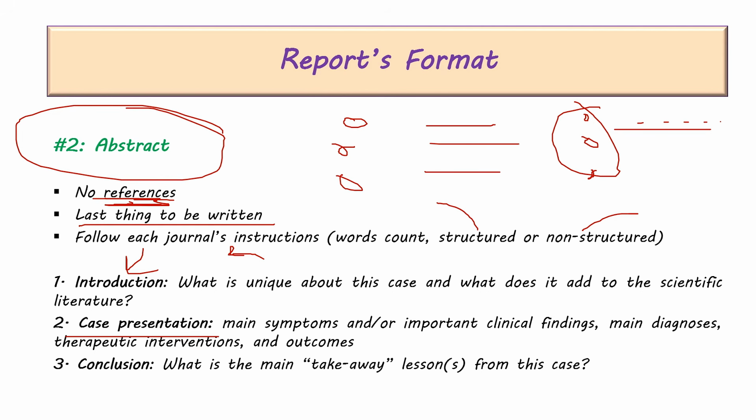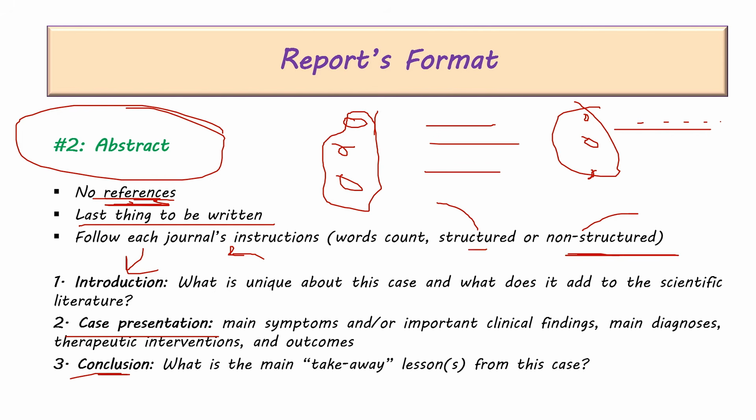You will present the main symptoms, clinical findings, and interventions and outcomes in your case. Then you will write the conclusion, which is the main takeaway lesson from your case. These 3 headings are considered a structured abstract. However, a non-structured abstract will start directly, we are presenting a 39-year-old female, like that, okay?